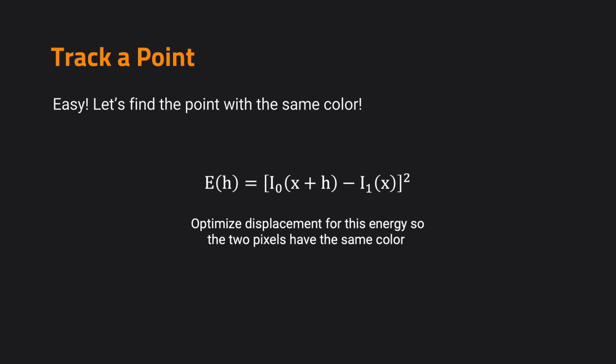It says that if we find the correct displacement h to track this point, then the first image at the location displaced by h should have the same color as our target point. And our goal here is to formulate this energy function based on color consistency, and then optimize the displacement for this energy so that these two pixels under this h will have the same color.